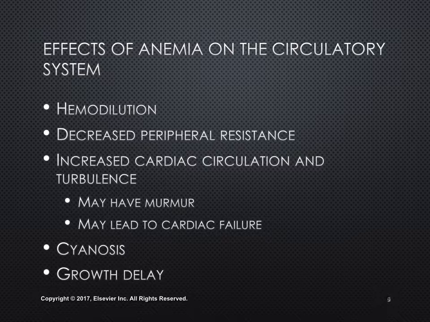So with that turbulence, remember, we end up with murmurs. And the increased cardiac circulation may lead to cardiac failure. We may see cyanosis, especially if it happens early on, and we'll see growth delay, which is kind of what we were talking about in the last slide.